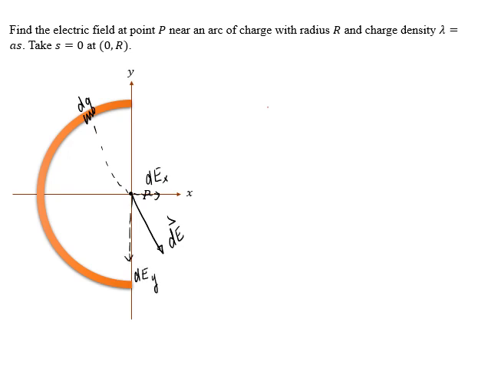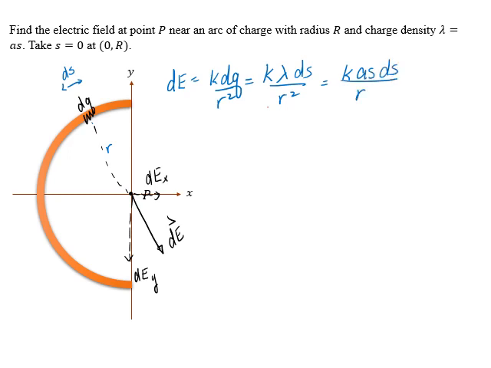Let's write down our dE first. dE equals k times dq over r squared. r is the distance from the charge to the point. It's the radius of the circle. dq is lambda times the length element. The length of our little bit of charge is a little bit of the arc, ds. This time, what we have to fill in for lambda is a times s, times ds divided by r squared, and we're still going to use that s equals r times theta.